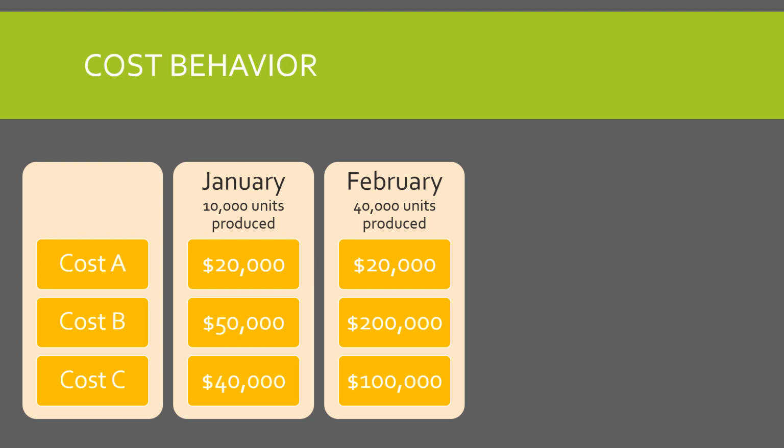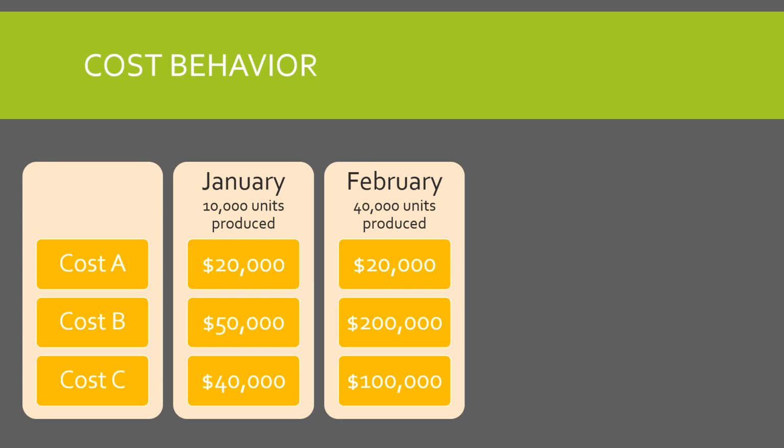So let's take an example and look at trying to determine cost behavior. In this example, we have three costs: cost A, cost B, and cost C. And we've decided that we think production drives cost. So in January, I made 10,000 units.